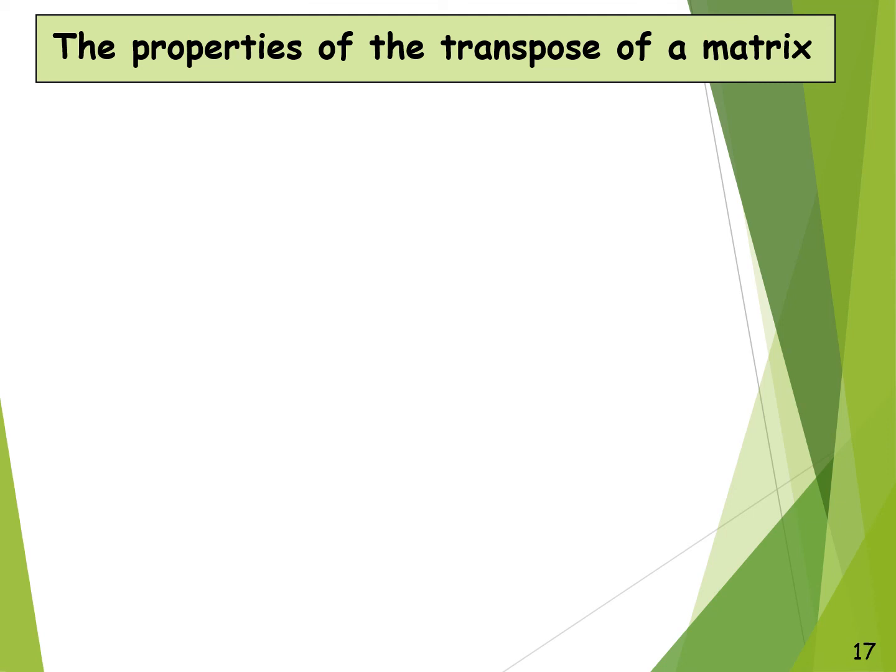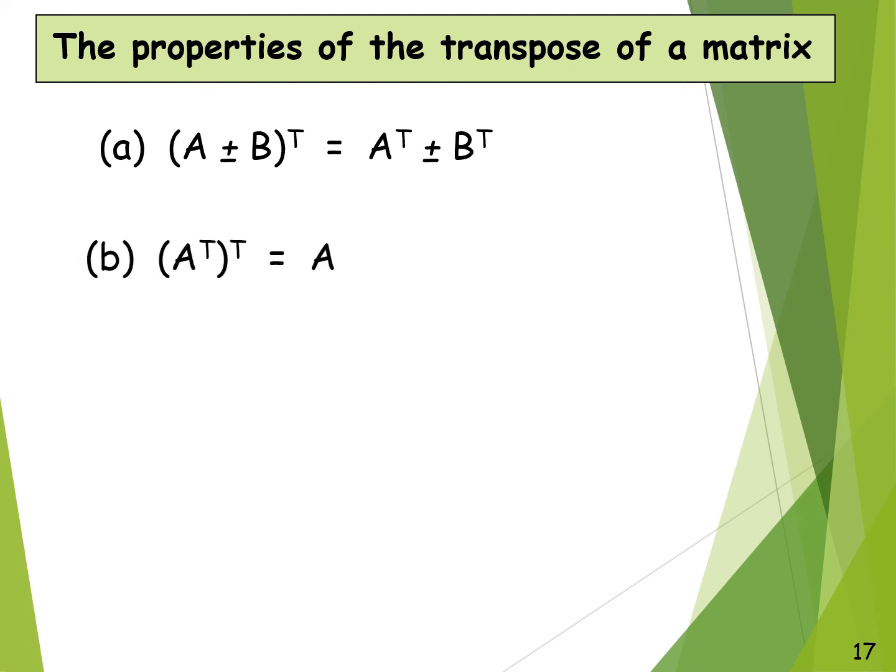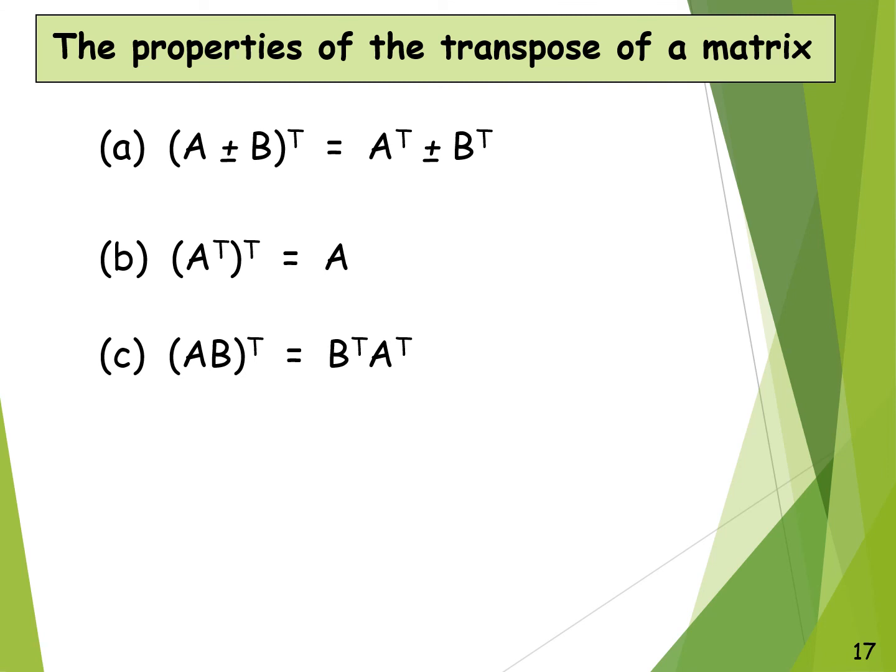Here are the properties of the transpose of a matrix. A. A plus or minus B in the bracket transpose becomes A transpose plus or minus B transpose. B. A transpose and then transpose again, so we will get the original matrix A. C. AB in the bracket transpose is equal to B transpose times A transpose.